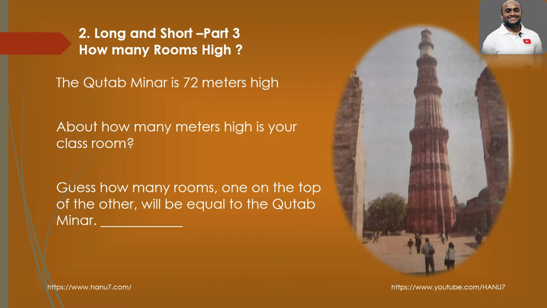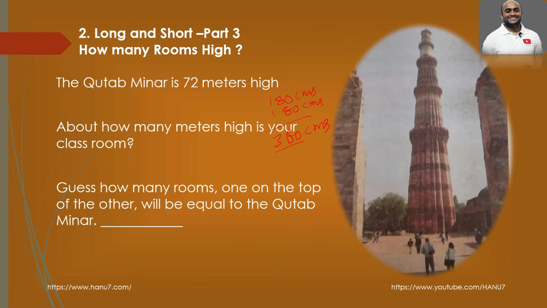Okay, so how many such rooms can you expect here in this Qutub Minar? As we have just now seen, in our room there is a 180 centimeter person. We are doubling him, so it became how much? 360 centimeters.